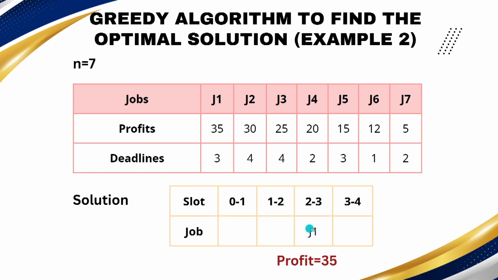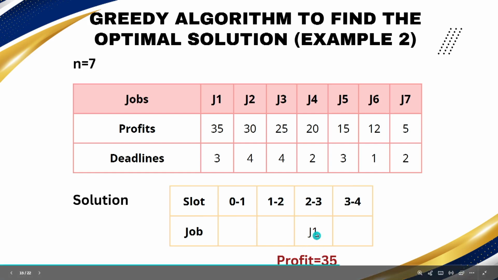Since job 1 demands completion before 3 o'clock, we put it in the available slot. If we kept the earlier slots free, then some other job with a better profit could be accommodated in that place. Even if you put job 1 here, we are going to gain the profit anyhow, because we are completing the work well within the deadline.